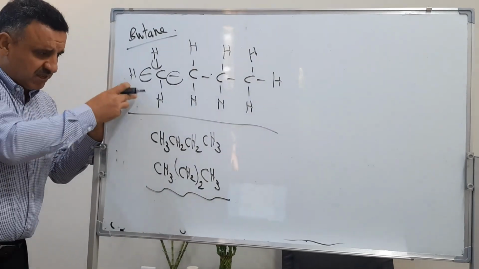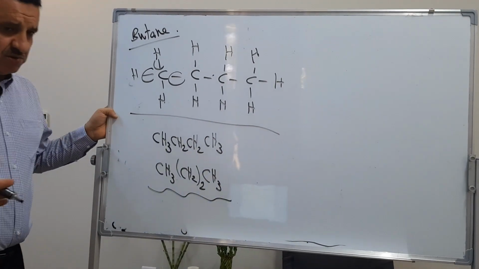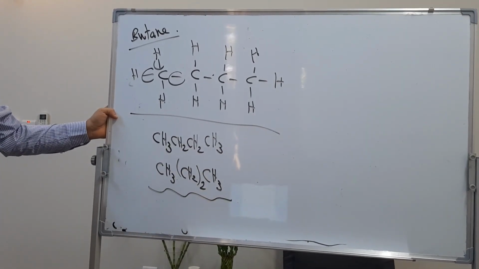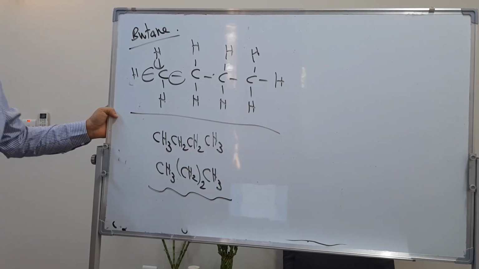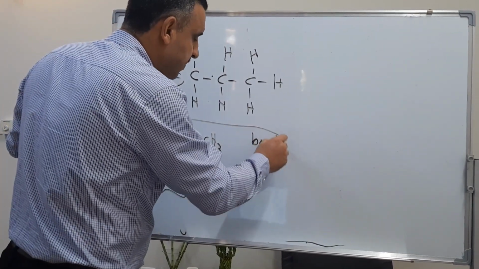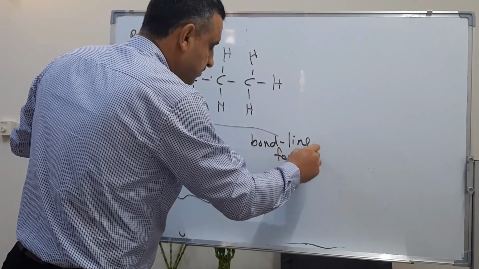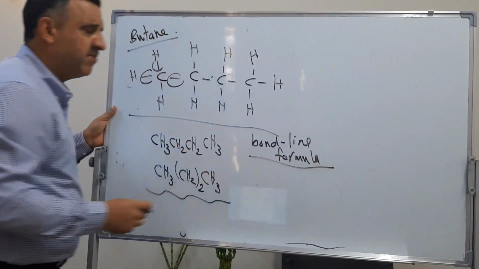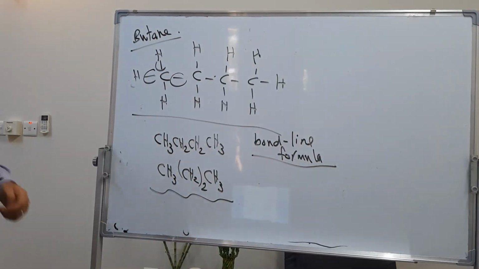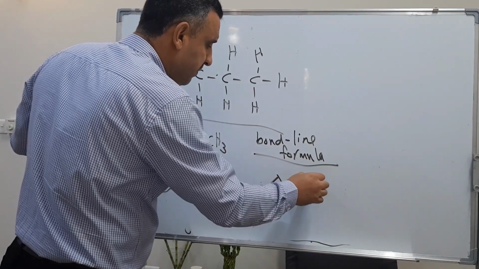Instead of drawing this or that, the best, most practical drawing of the structural formula for a compound is what we call the bond line formula. In the bond line formula, we just use lines to present any compound.